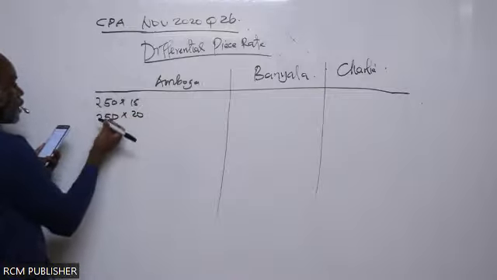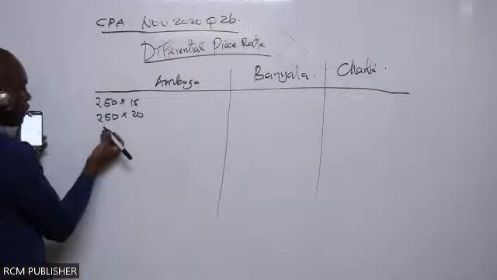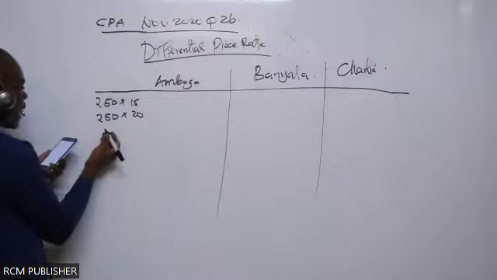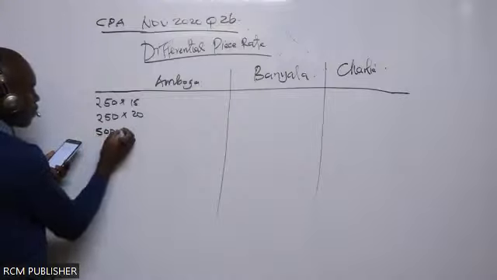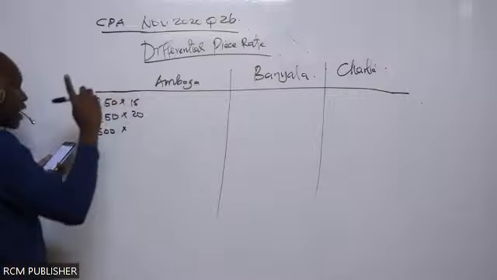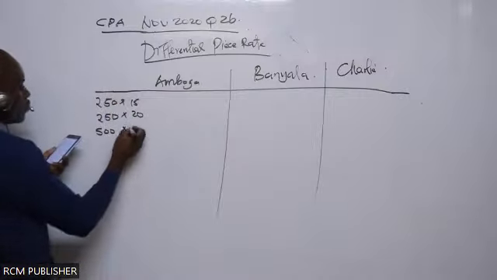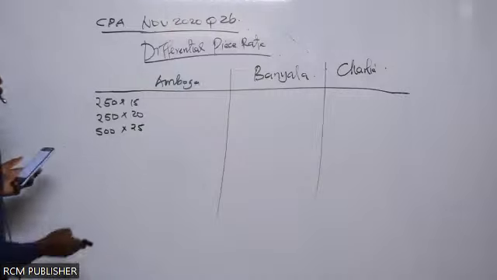So this one already has taken 500, though whatever was produced is 2,000, so we are going to have another bracket from 500 to 1,000. From 501 to 1,000 is entitled to 25 shillings.